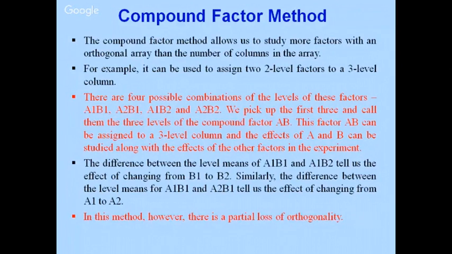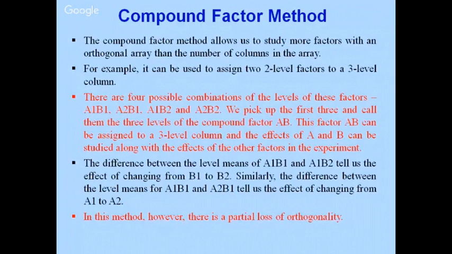You see A1, B1, A2, B1. So B1 remains same. So change from A1 to A2 is given by the first 2 levels, and change from B1 to B2 is given by first and third, A1, B1 and A1, B2. So in that case, A1 remains same and B is changing from B1 to B2.